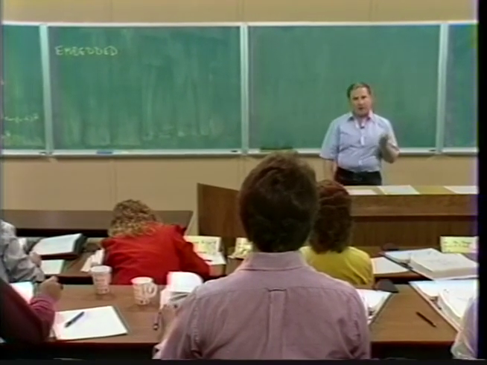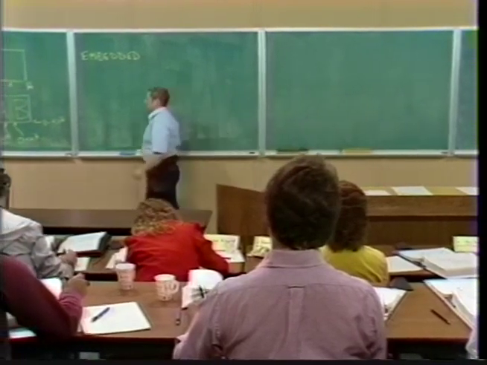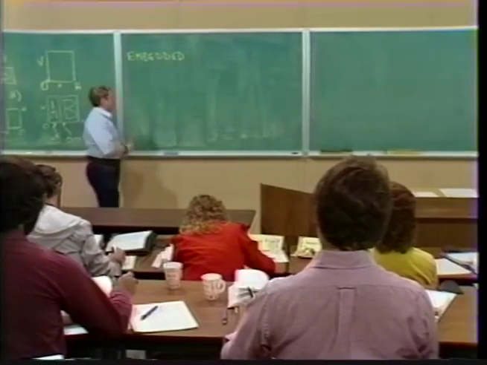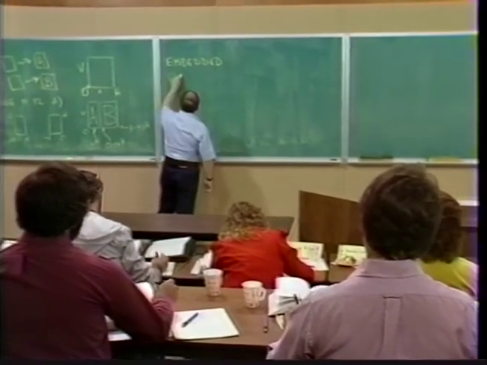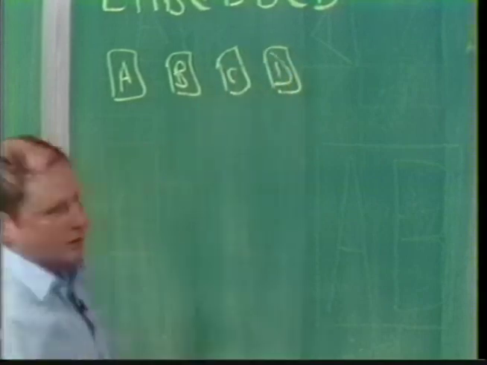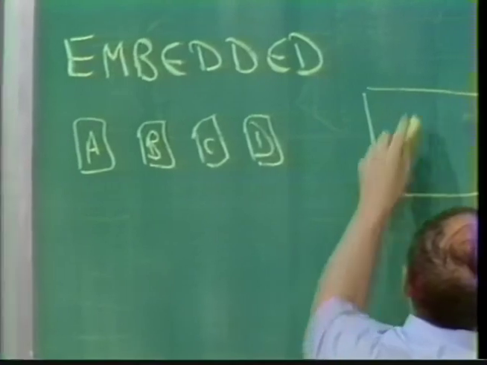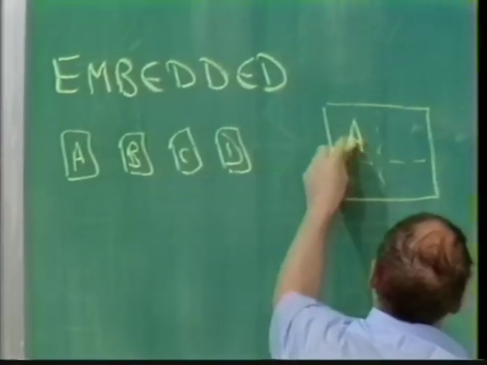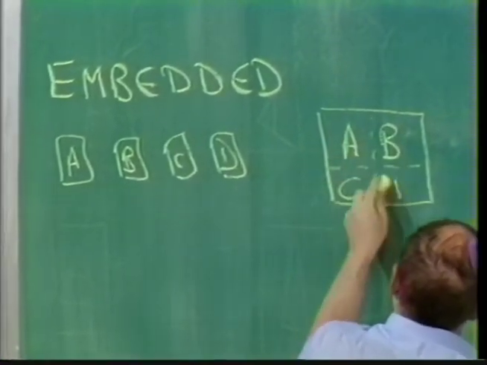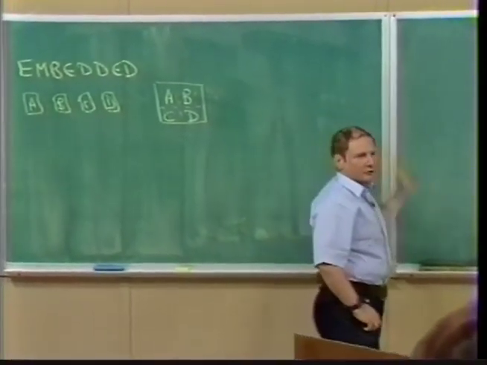Now, what do I mean by that? Example. Suppose I want to make a thing that takes 4 pictures, A, B, C, and D, and makes a configuration that looks like this. You might call that four-picture configuration.